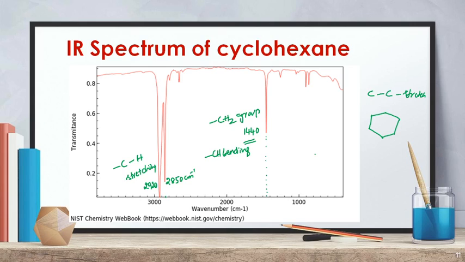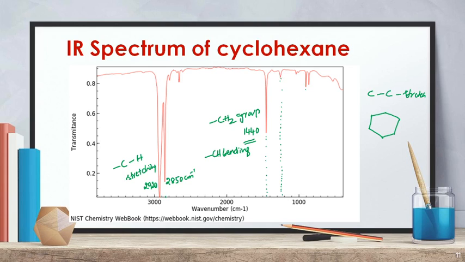CH is for stretching and bending, and CC is only for stretching. We do not have a particular idea here. There is a peak at around 1200, and here also you have peaks; you have to check the intensity of the peak.